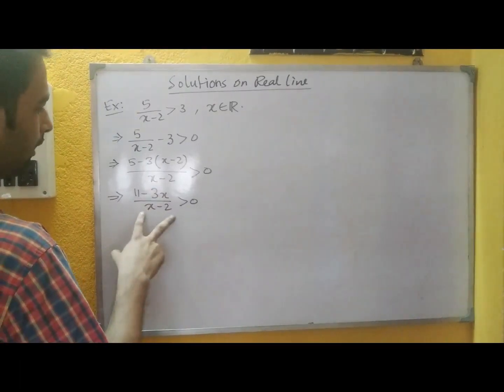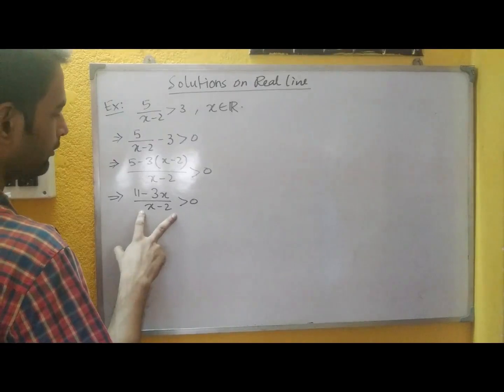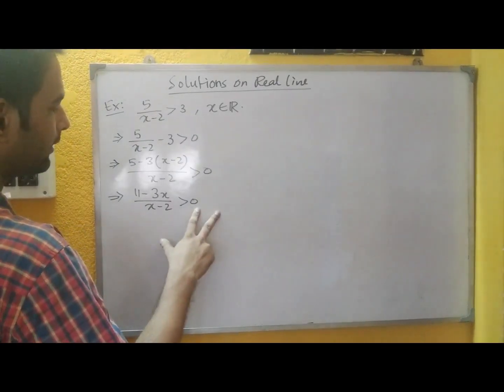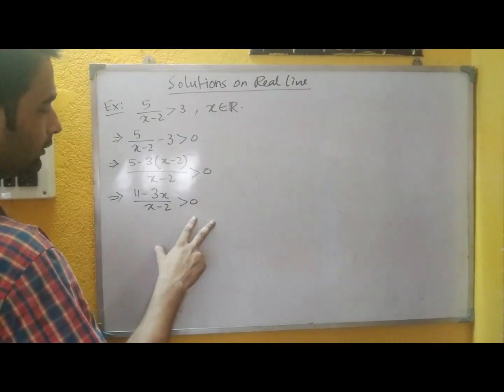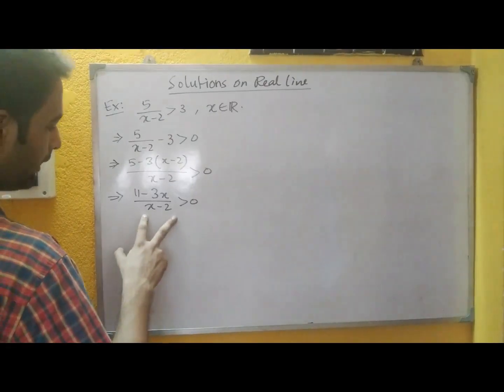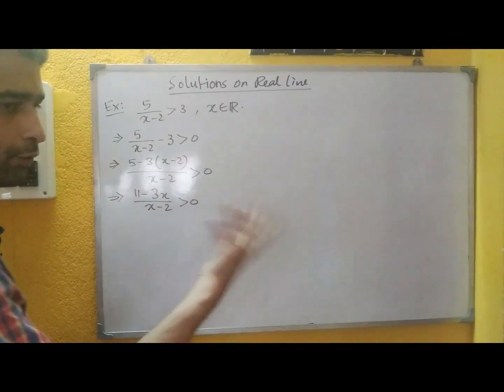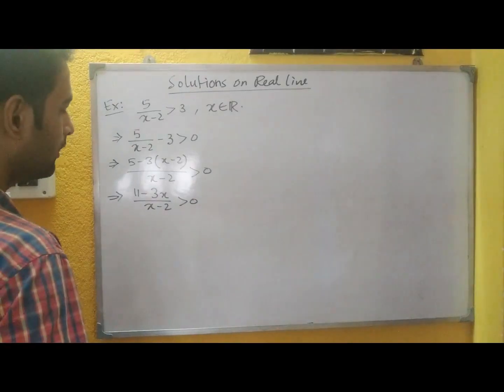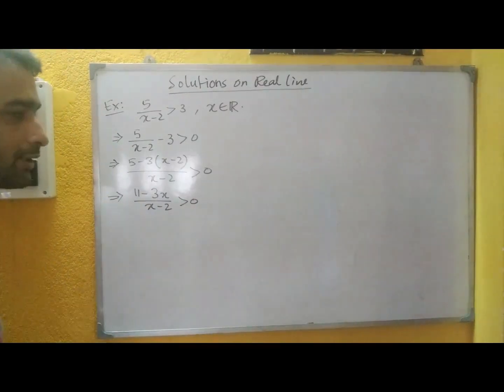Another thing is that if there is a ratio like this, we will not take this x minus 2 to this side and make it 0. Always remember this, because we cannot multiply the denominator to the other side, as we don't know the sign of x minus 2.